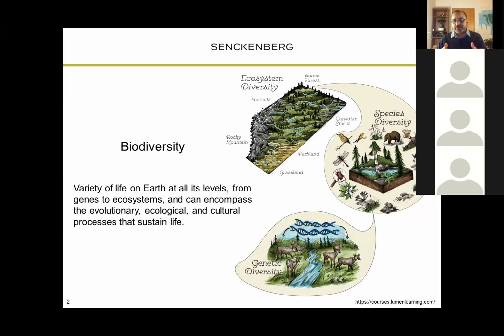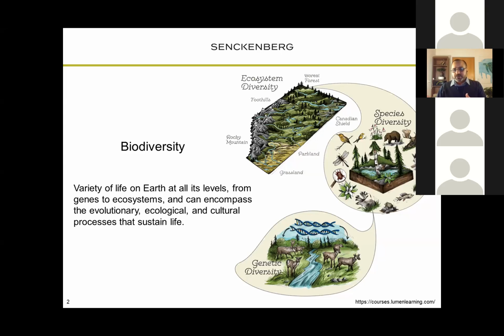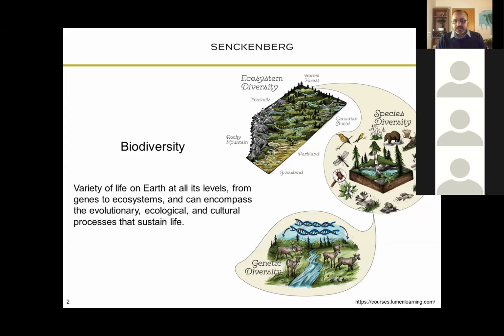All forms of life, from the ecosystem level to the species and genetic level, can be evolutionary, ecological, or cultural diversity. Evolutionary diversity covers all taxa or living organisms. Ecological diversity covers landscapes, landforms, and geographical regions. All these work together to sustain life on Earth.